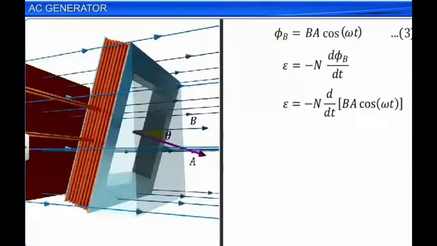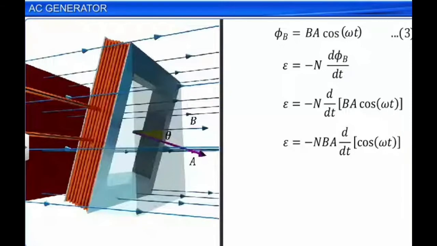In this expression, the strength of the magnetic field and area of the coil, both are constants. So the expression for epsilon becomes epsilon is equal to minus NBA into d by dt of cos omega t.